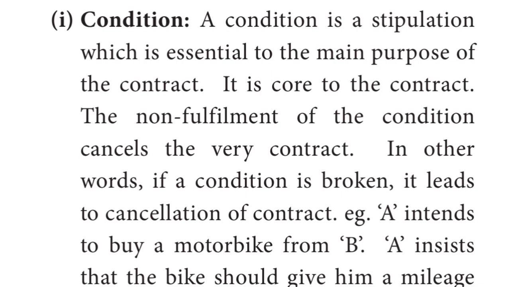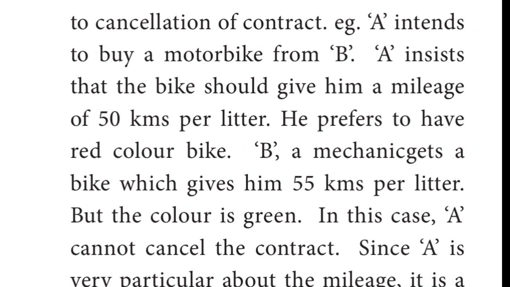Right, so for that they've given you a small example over there. A is buying a motorbike from B. Imagine B is your mechanic and you're buying a motorbike from him. You're saying that my motorbike must give me 50 kilometers per liter and it must be blue in color. But when he is delivering the product to you, B gives you a green color bike with 50 kilometers per liter.